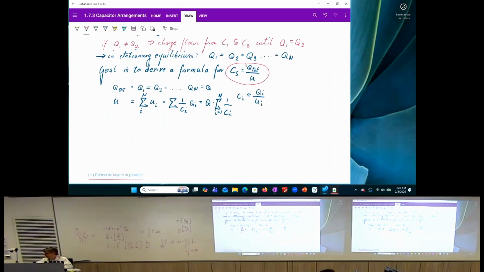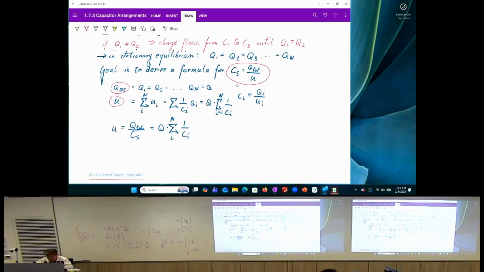It is obtained from Q total, which is this one, over U, which is this one here. And in our equivalent circuit, then we have U is Q total over the C in series configuration, and the Q total is Q. So you take this here, and you obtain this part here, but U we also have seen is equivalent to this one here.